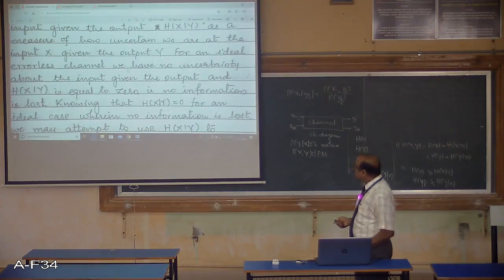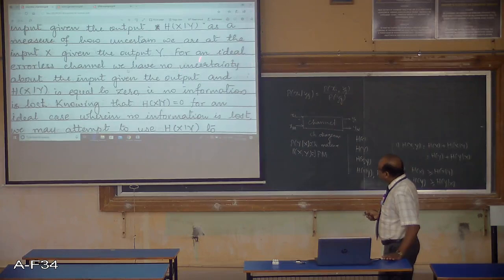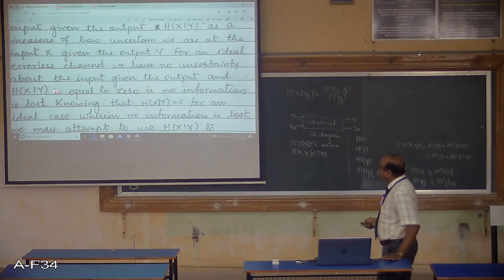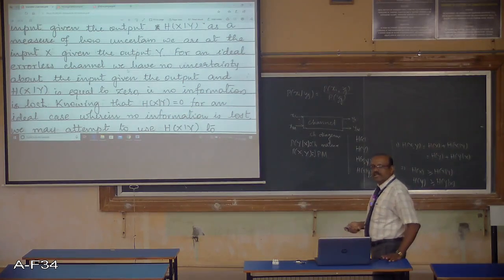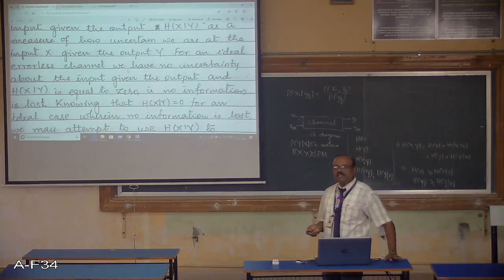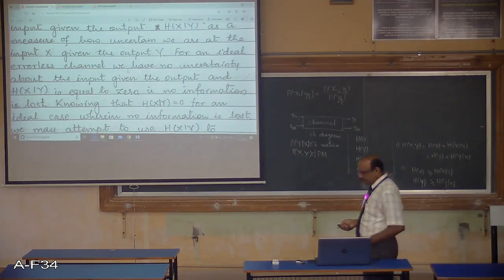If the channel is ideal, then no information is lost, and in that case this uncertainty is 0. No information is lost in the channel. So information lost in the channel can be represented with H(X|Y).